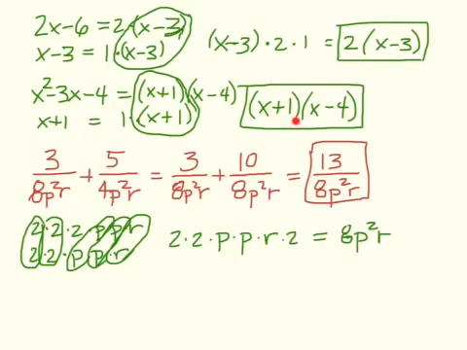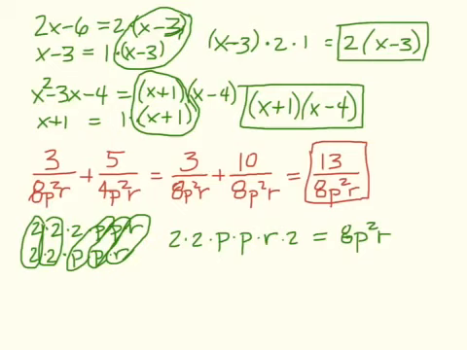So I circled the x plus 1 and wrote it down one time. And then I wrote down all the other numbers that weren't circled. That's really just the x minus 4. The 1 really doesn't do much for us. So the least common multiple of x squared minus 3x minus 4 and x plus 1 is x plus 1 times x minus 4.